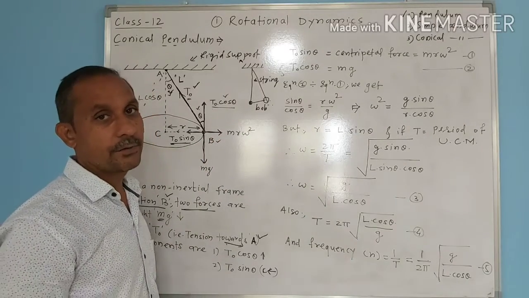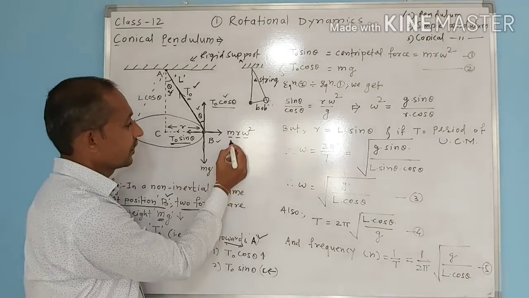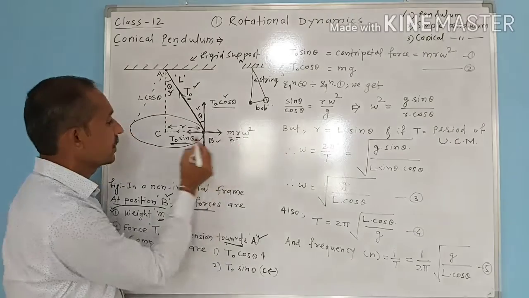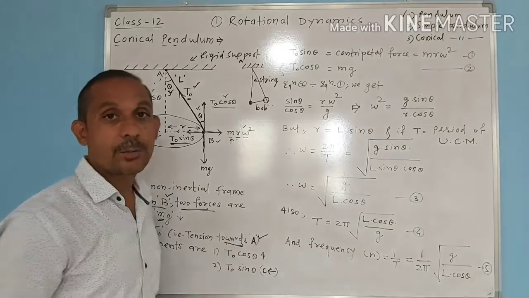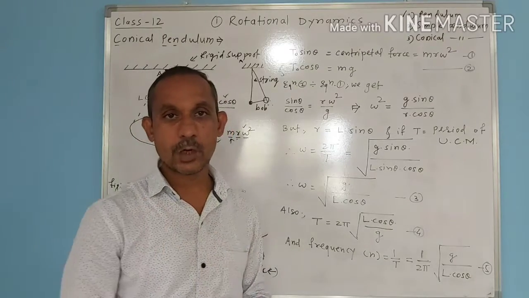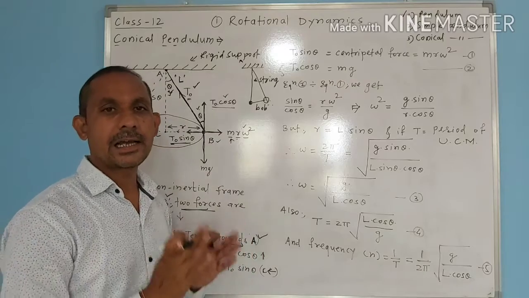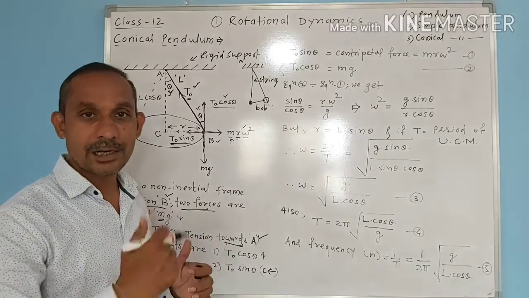And we know centrifugal force is always m r omega square. M means mass of the bob, r means radius of the circular motion, and omega means angular speed of the bob. If we know the mass, radius and angular speed, we can write the centrifugal force or centripetal force.